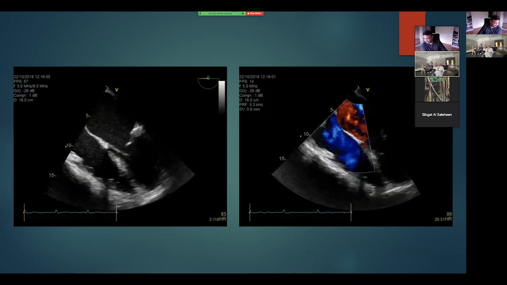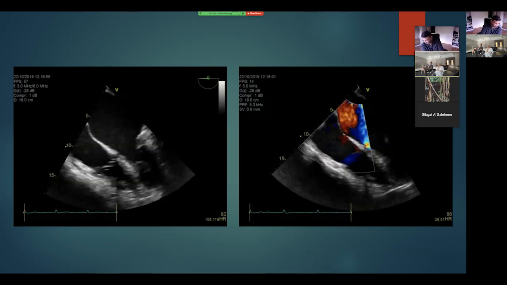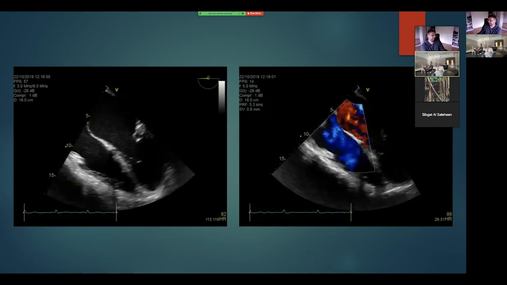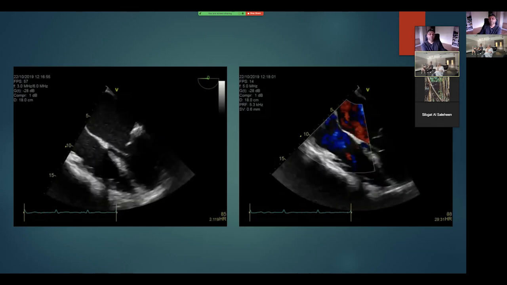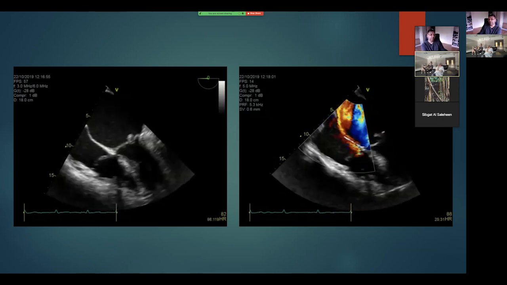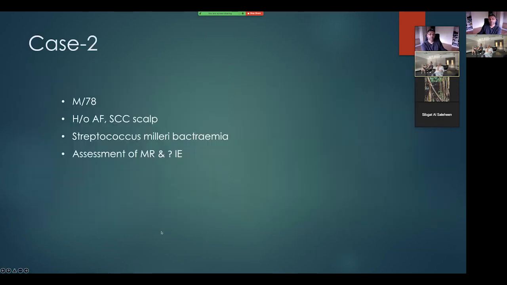Any other differentials, Adam? I guess is it possible there's a little vegetation there? I don't know. Nice, because I think the stem is very important, since there's a bacteremia, so we have to consider that as well.